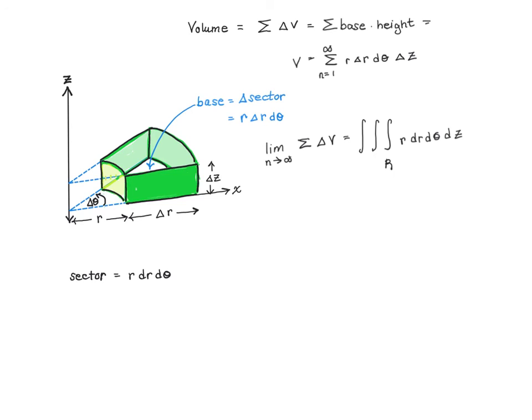So to recap, we're taking the three-dimensional wedge, which has a base, which is the delta of a sector, and it has a height of delta z. And by adding up all of these wedges, we get our full volume. This gives us our entire volume.